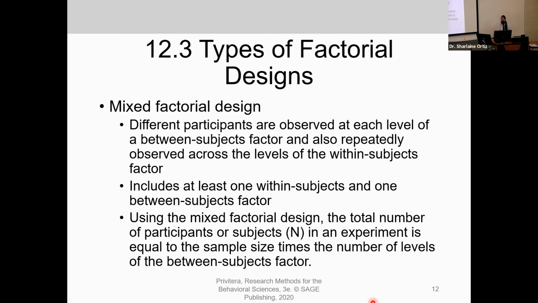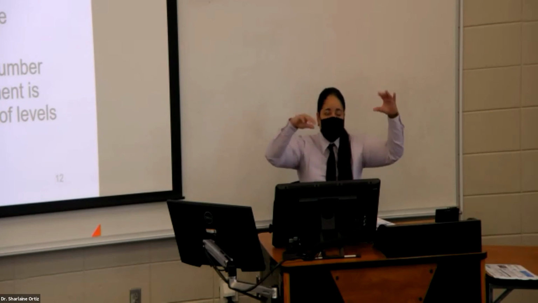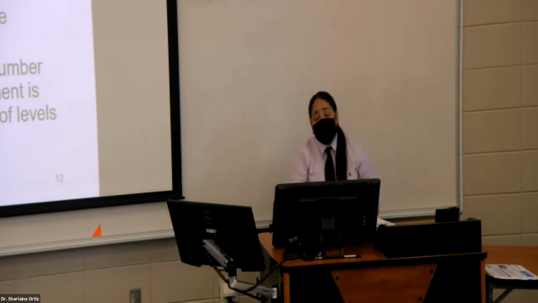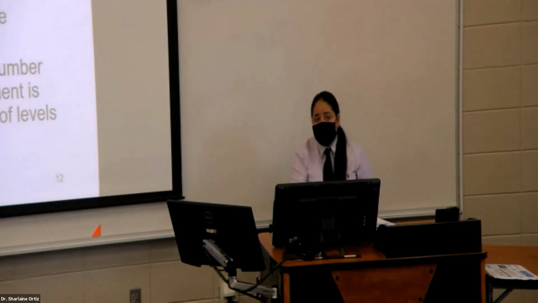If you recall for our between subjects, we multiplied the number of participants times the different factors. So it will be very similar to how we calculated the amount of participants for the between subjects design.